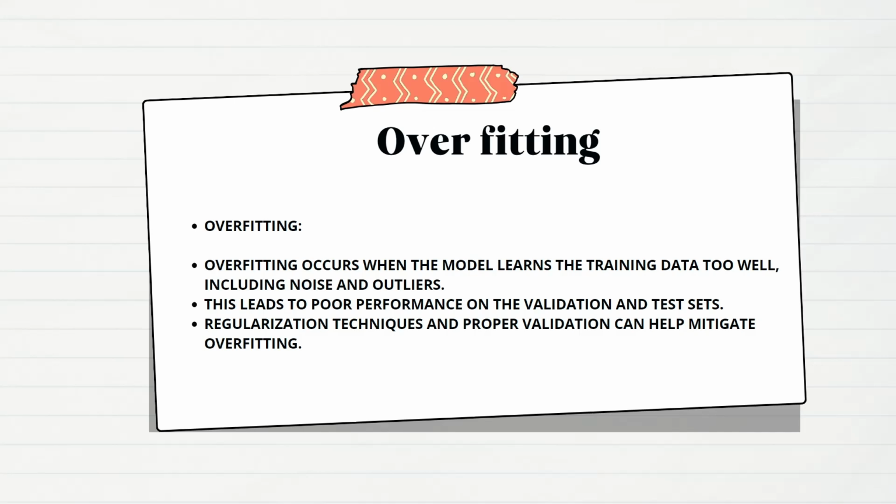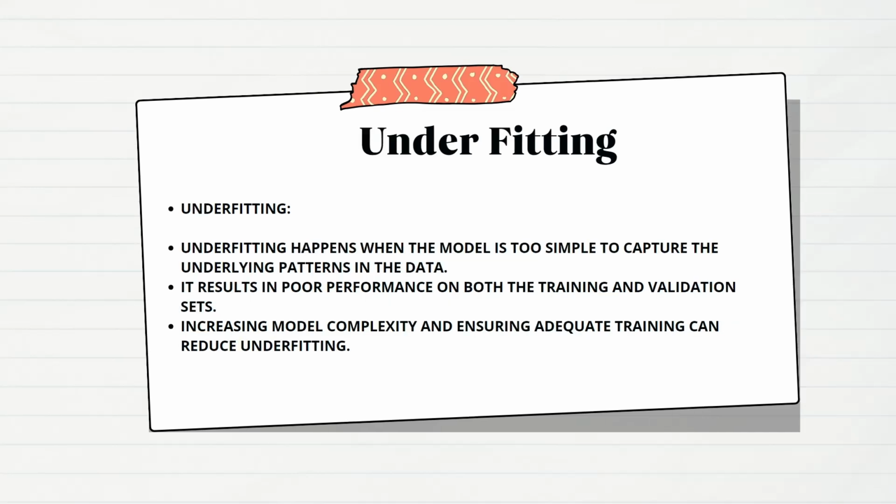Regularization techniques and proper validation can help mitigate overfitting. Moving on to underfitting: it happens when the model is too simple to capture the underlying patterns in the data. It results in poor performance on both the training and validation sets. Increasing the model's complexity and ensuring adequate training can reduce underfitting.